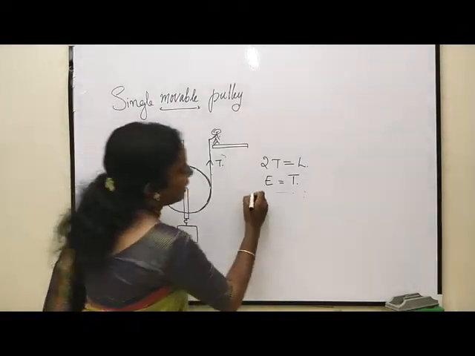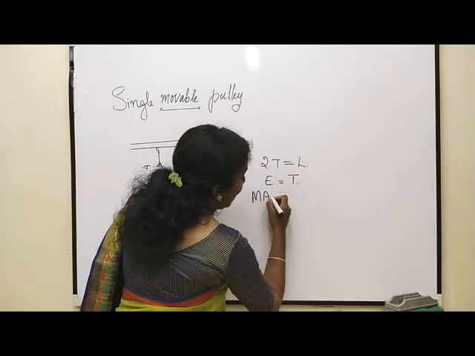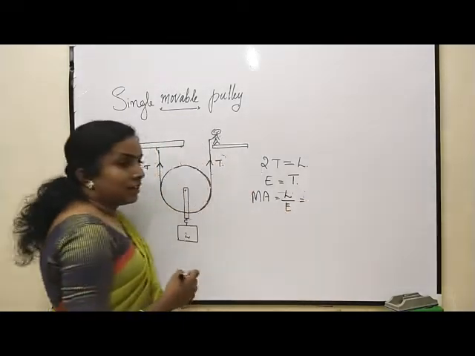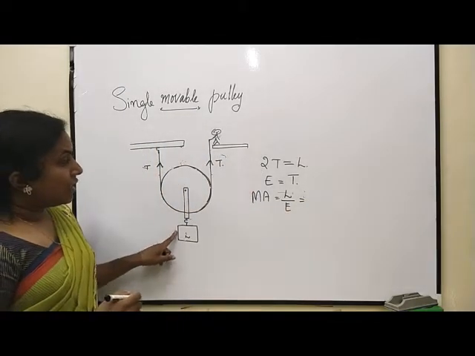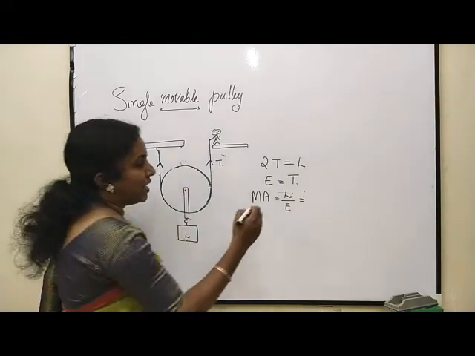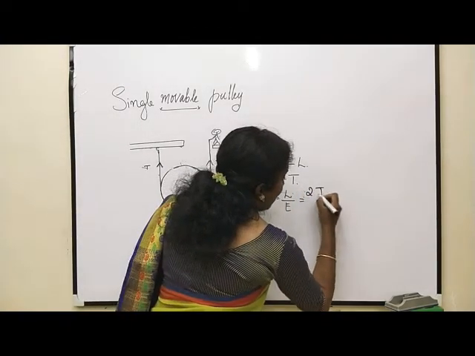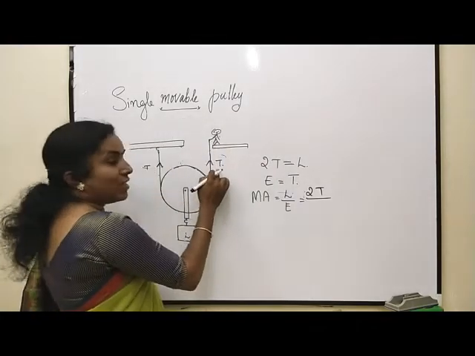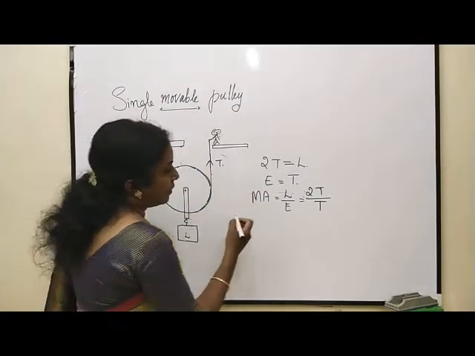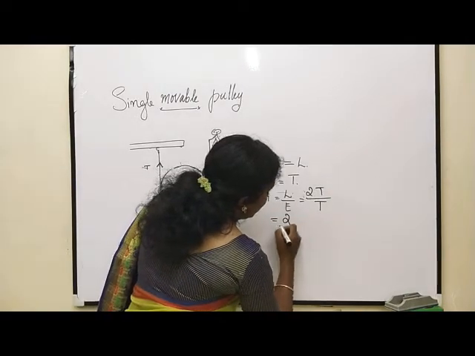Now what about the mechanical advantage? Mechanical advantage is load by effort. Here we have seen load is equal to tension on two sides, that is 2T, and effort is equal to tension on the free end, that is T, which is equal to 2.